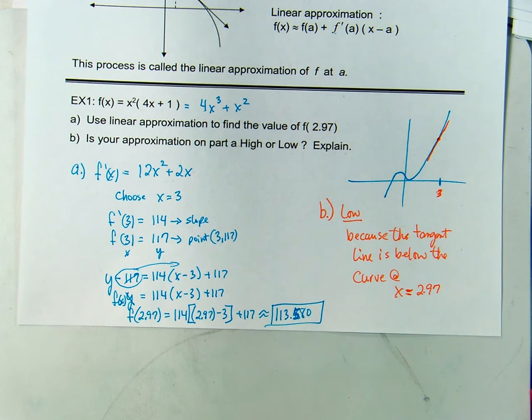We go ahead and find the slope. We find the equation of that tangent line. And once we get that slope and tangent line found, then we plug the real number back in, and it should give us a pretty close estimate of what the value would be at that point, even though it may be a long decimal of some kind.